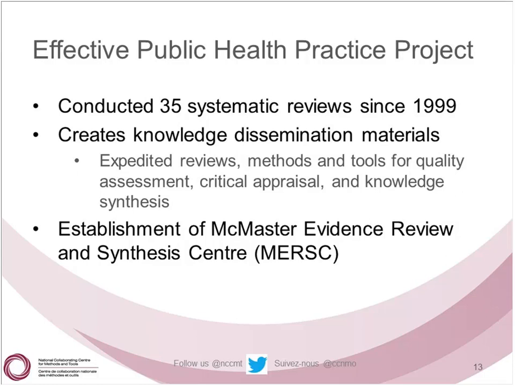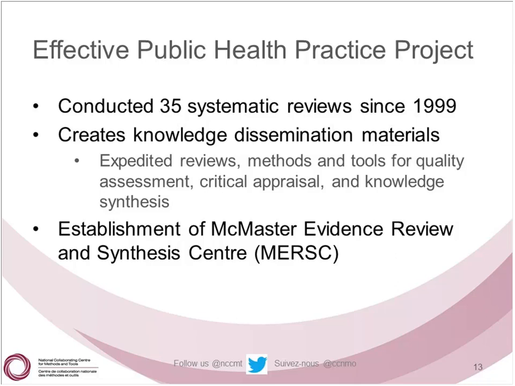How do we get those reviews done as quickly as possible to address emerging issues? How do we assess the studies for methodological quality? And how do we integrate all of the findings from those studies to come up with suggestions for practice in public health?